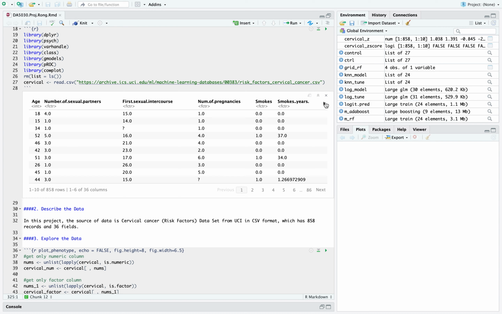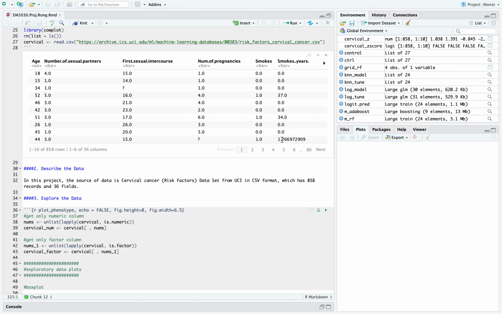The numeric variables are things like the patient's age, the age of first sexual intercourse, the number of sexual partners, and smoke years. The factor variables are mostly about the patient's medical history, like any STDs, where one means yes and zero means no.